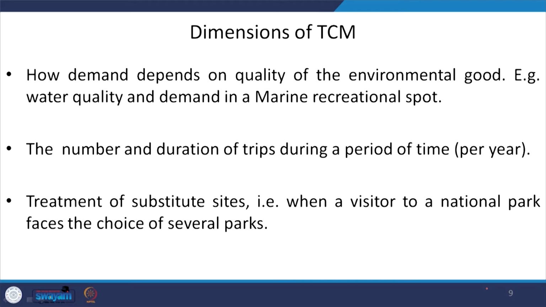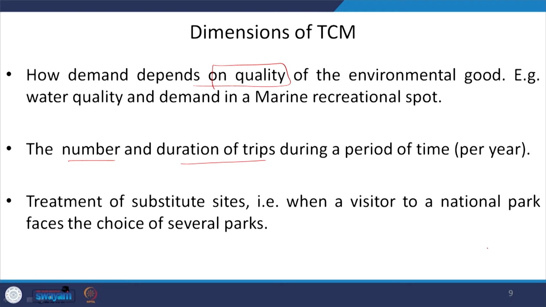The second thing is the number and duration of trips during a period of time, maybe per year, that is, how many times we are actually paying a visit. And the third thing we must take into account in the travel cost model is the treatment of substitute sites, that is, whether other alternative sites are available to the site under discussion.